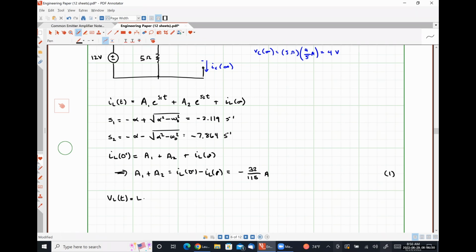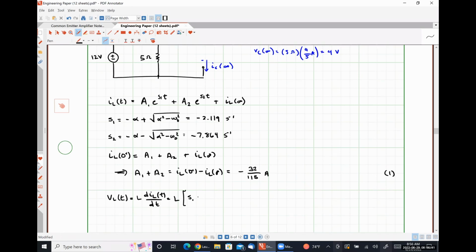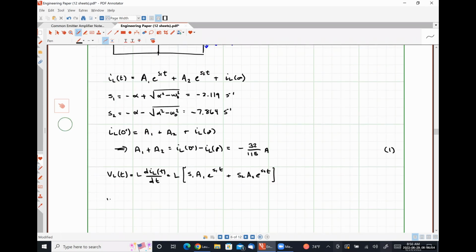VL of t, which is simply L di by dt, will be of the form L times S1 A1 e to the S1t plus S2 A2 e to the S2t at t is equal to 0 plus. This looks like L S1 A1 plus L S2 A2.